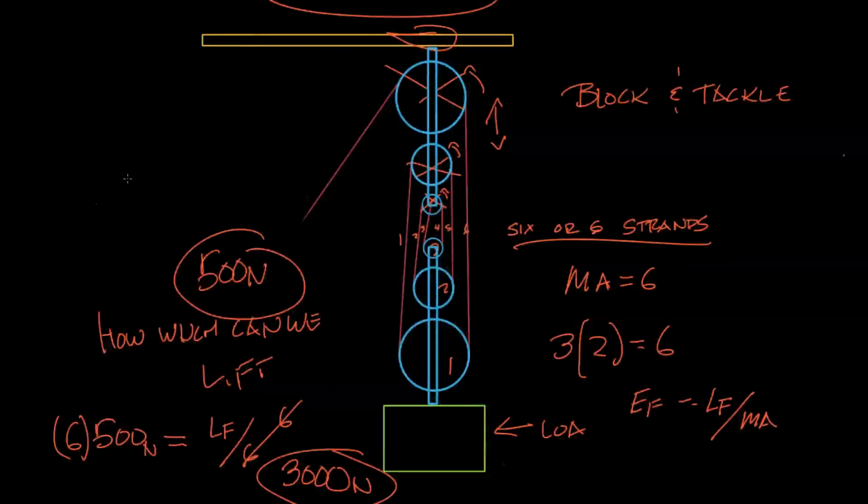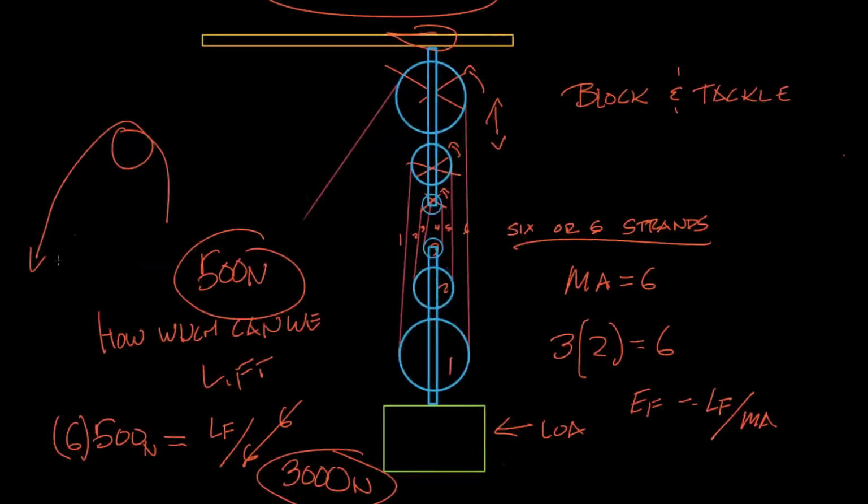And again, it does that by allowing us to take up more of the strand or more of the cable, and so we can lift this. It does slow the lifting process down. You get a quicker lift if you just have one pulley and you're lifting at the same rate. You can lift it very quickly, generally, but that depends on a number of things too.